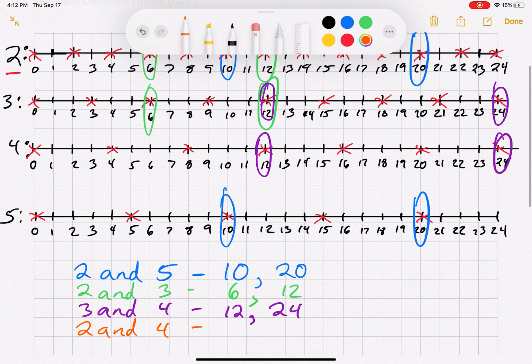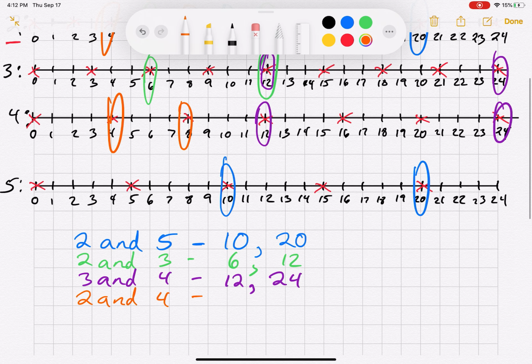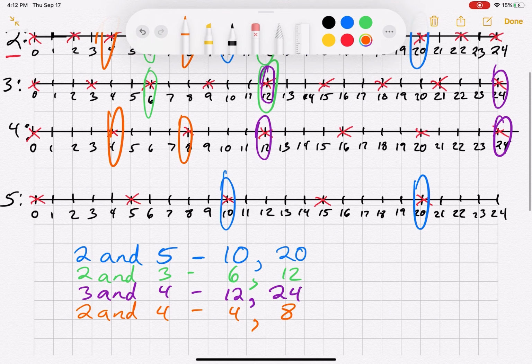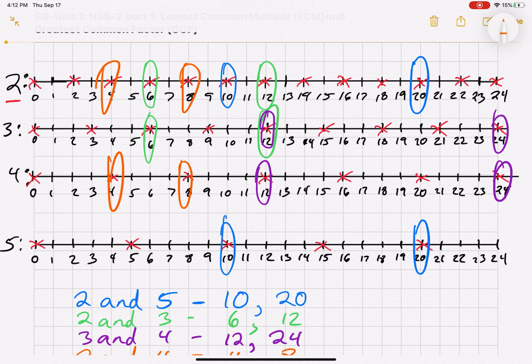Okay, so just looking at 2 and 4, obviously 4 and 8. Okay, so those are the lowest ones. So 4 and 8.